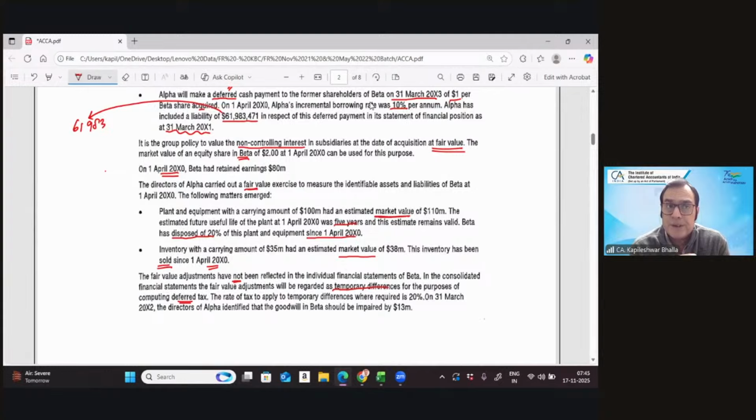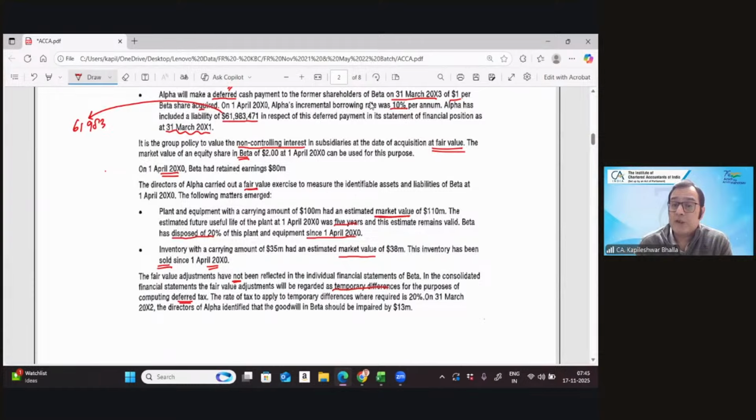When you consider the application of business combination on the date of acquisition, all the assets and liabilities are fair valued, and the carrying amount becomes the fair value for the purposes of Ind AS 12. But the tax base will remain the book value itself. There will be a difference between the carrying amount, which is equal to the fair value, and the tax base, resulting in a temporary difference, taxable or deductible, that needs to be identified.